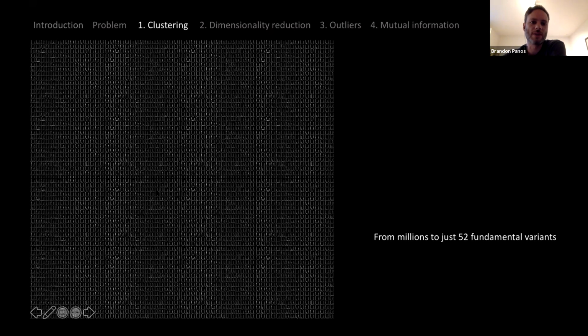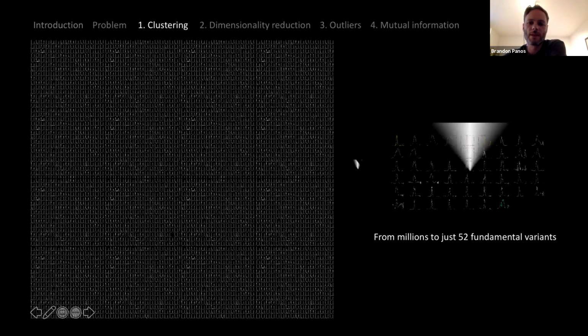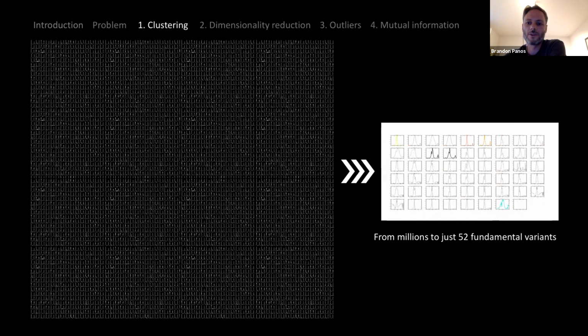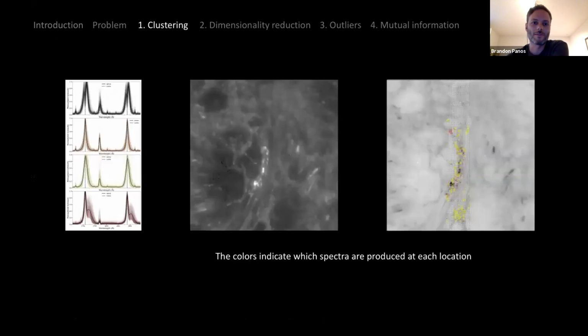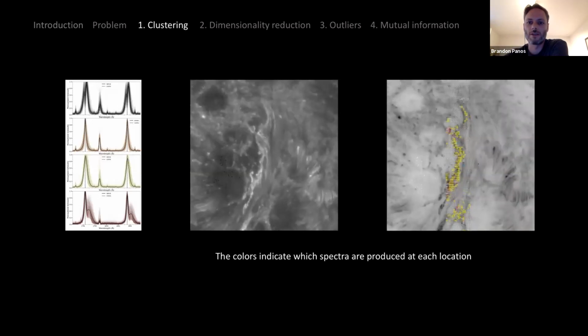So what does this do practically? Well, we go from millions of solar spectra to just a blueprint of 52 possible variants. So that's an amazing, very significant reduction. And now we can actually analyze this data. So what we did with IRIS is that we could automatically see what the sun's emitting at different positions of a solar flare.